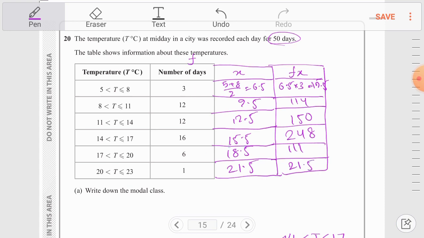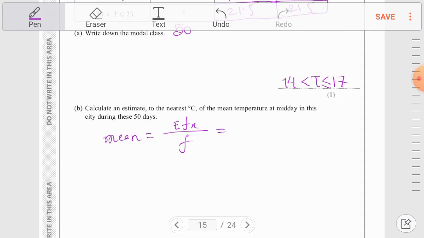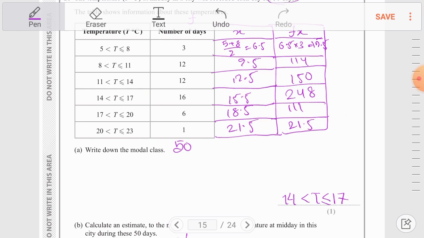And we know the sum of the frequencies is 50. So the equation for the mean of this type would be mean equals Σfx divided by Σf. Σfx is the sum of all the fx.